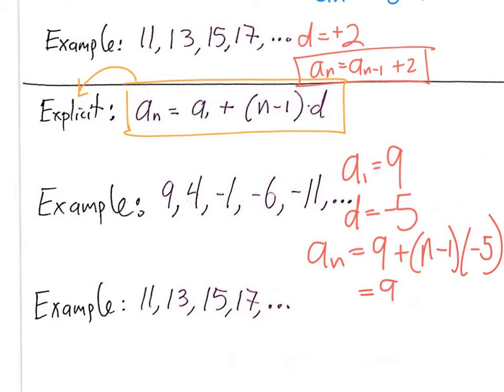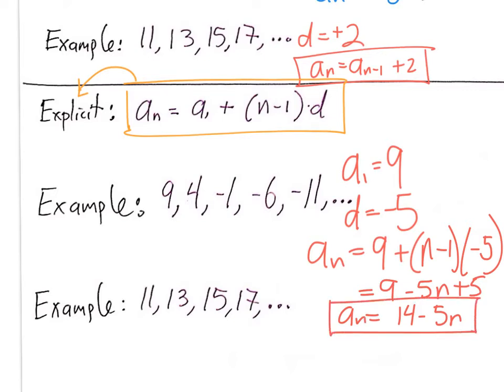So you'd get 9 and then minus 5n and then plus 5. So we would end up with 14 minus 5n. So this is the same formula, just distributed, alright?